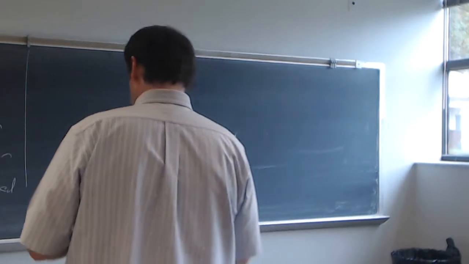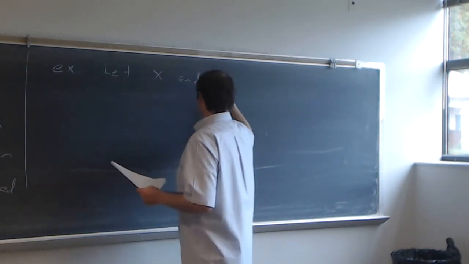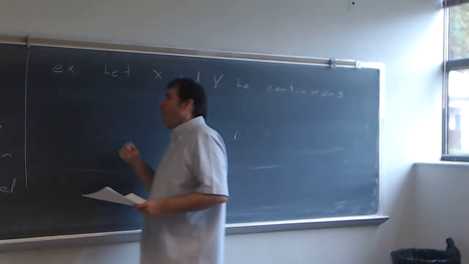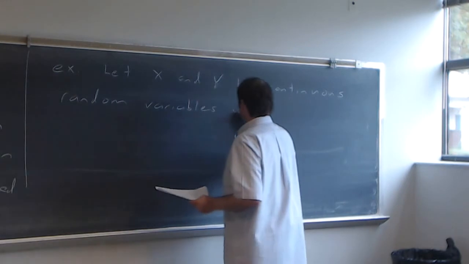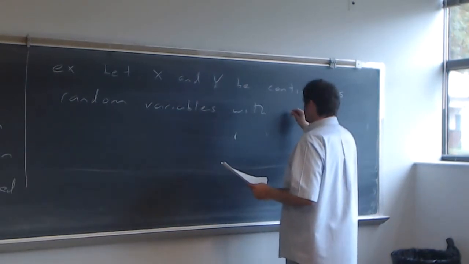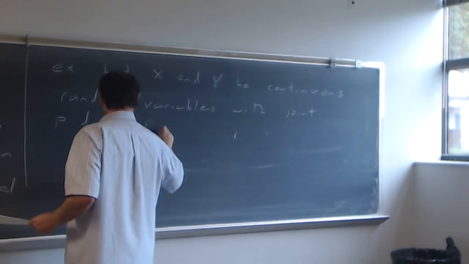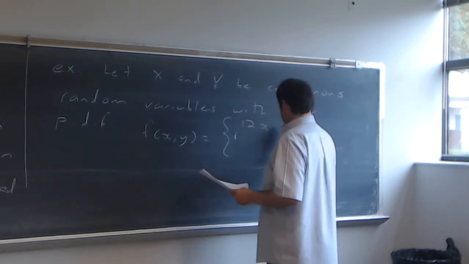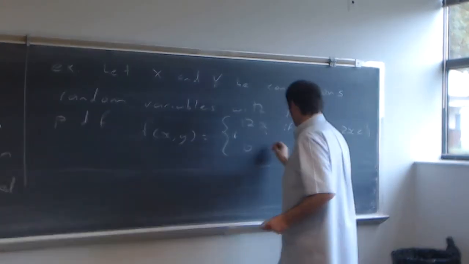Let's do an example. So as an example, let's let X and Y be continuous random variables with joint probability density function f of x comma y equal to, something we've looked at before, 12x if 0 is less than y is less than 2x is less than 1, and 0 otherwise.